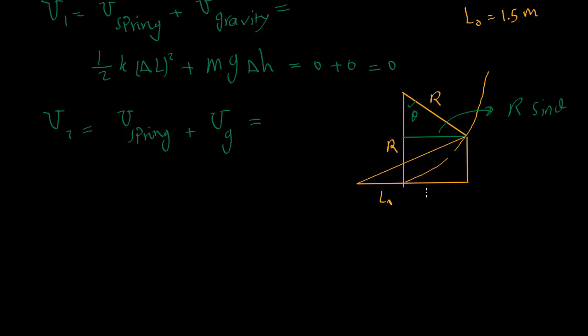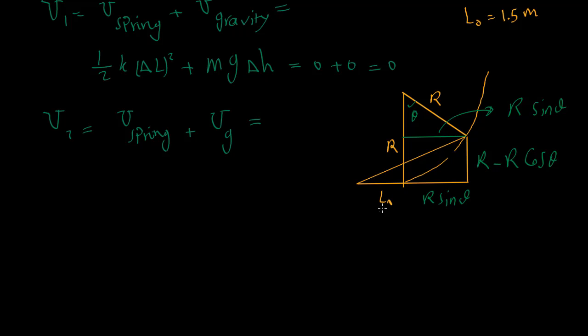And therefore this length here is just R sine theta. And for this side here, the whole thing is just R, and this part is just R cosine theta. So this side would be R minus R cosine theta.